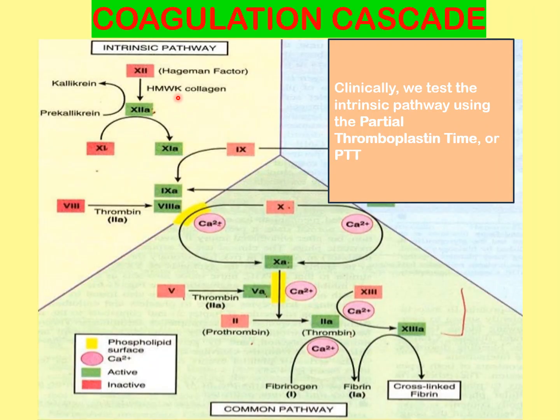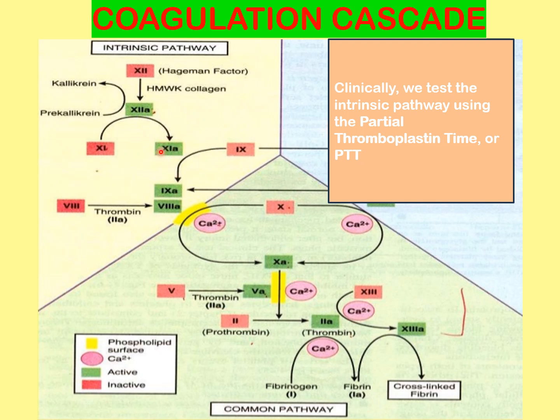Let's first understand the intrinsic pathway of the clotting cascade. This is a longer pathway and it begins when the Hageman factor, which is clotting factor number 12, in its inactive form comes in contact with the collagen from damaged blood vessel wall and it gets activated into 12A, which is now an active enzyme. Now 12A activates factor 11 into 11A.